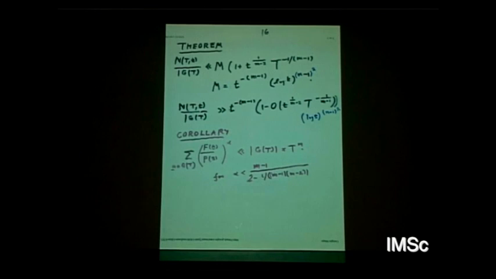It has a corollary: if I take f of a divided by the expected p of a to the alpha and take the sum over all a's in our set, g of t, this sum is less than capital I of t, g of t, which means, of course, that on average f of t over p of t is bounded, it's not large. And I can do this for alphas which are certainly less than n minus 1 half. I can do a little bit better.